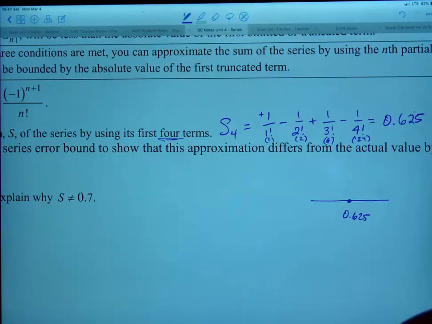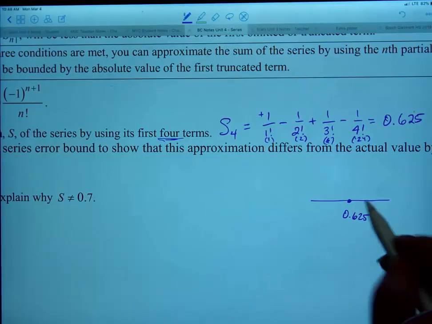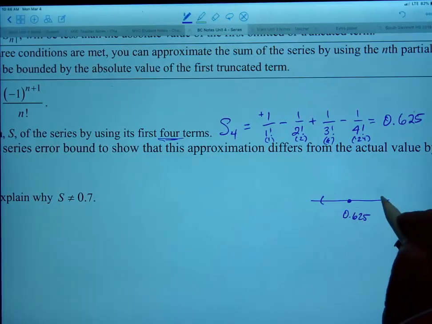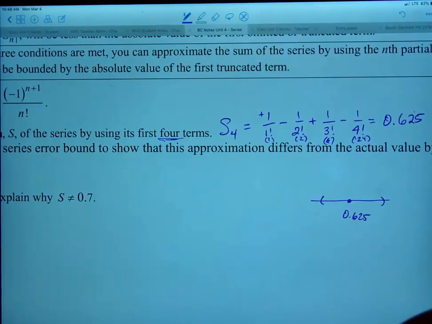Okay? Now, what we're going to talk about is the error. And the error is basically saying, how far out am I going to go and find out how close I am? I know the actual sum is going to fall somewhere in there. I can't find what it is, but I can find what zone it's in, what window it's in.